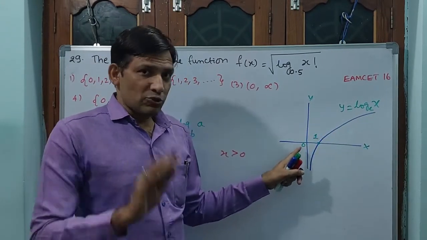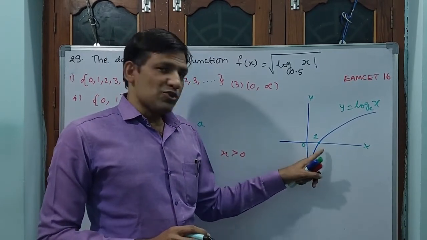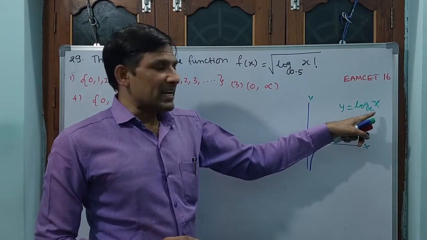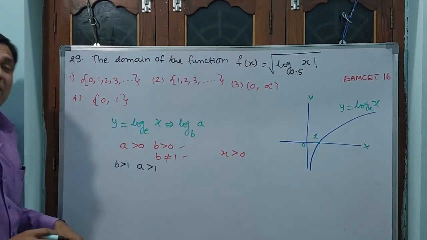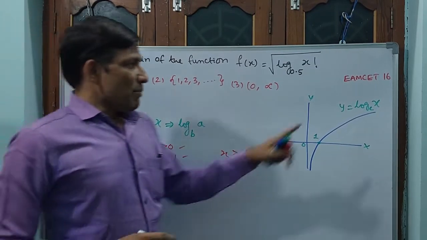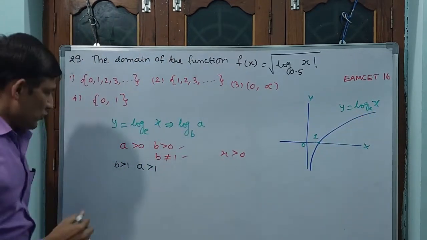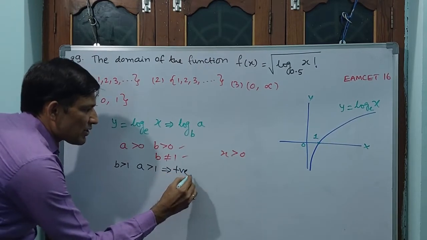Between 0 and 1, 0 you should not give, and 1 if you give, 0 will come. Between 0 and 1, if the base is greater than 1, the value will be negative. That is the logic. Base greater than 1 and x greater than 1 will give a positive value.